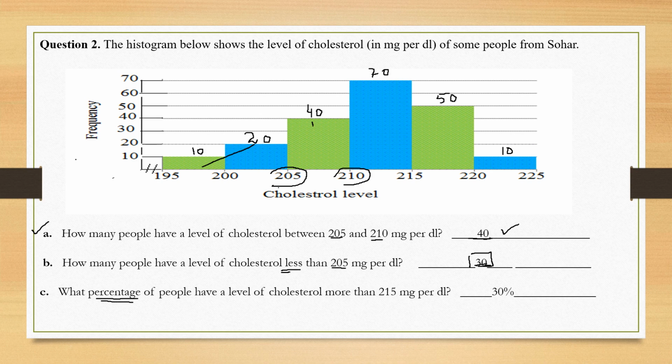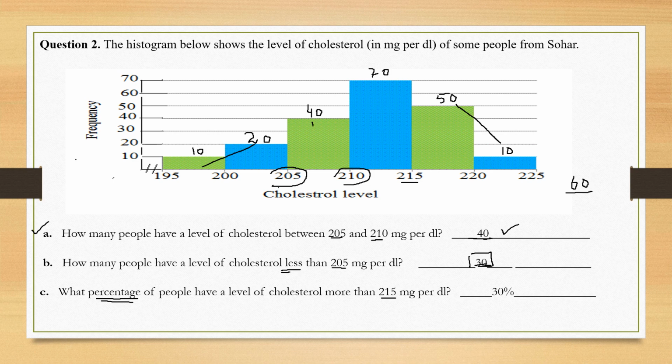Now part C, which is very important: what percentage of the people have a level of cholesterol more than 215? More than 215, in total we have 60 people. But my dear student, they are asking about the percentage.